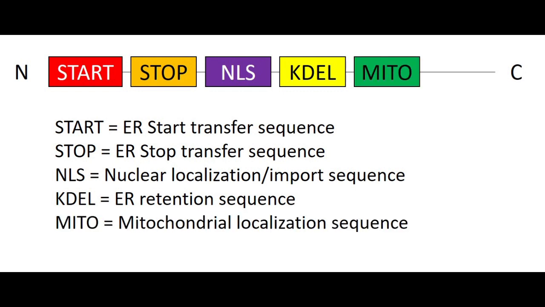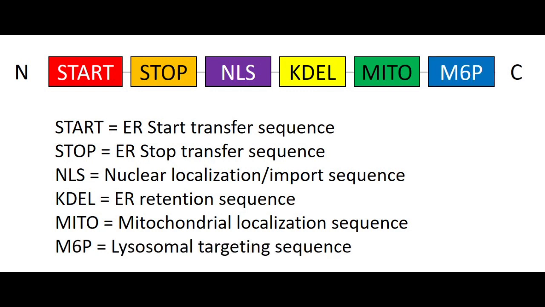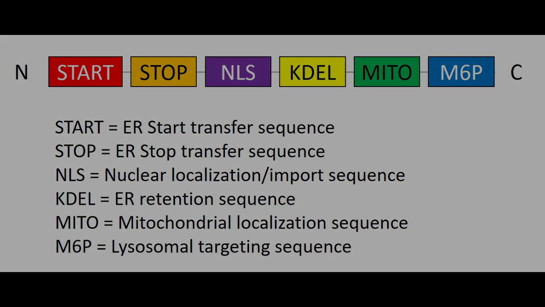Green pool noodles will represent mitochondrial localization sequences. And then lastly, the blue will represent a mannose-6-phosphate sequence, which, as you hopefully recall, is a lysosomal targeting sequence. In each demonstration, if you forget which sequence is what, you can just bring up this image, and I'll make sure that this image is available for your reference for each of these demonstrations.